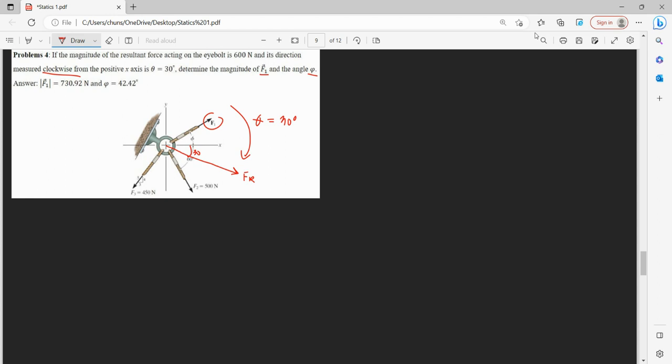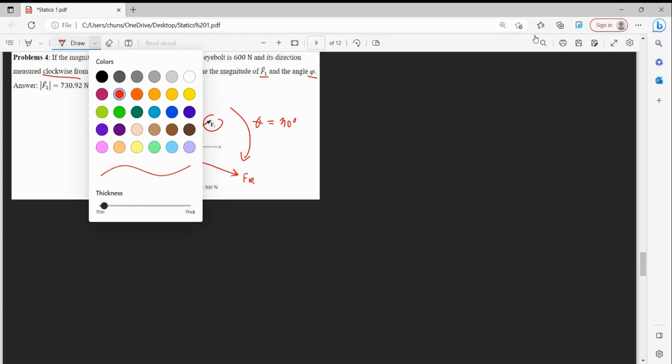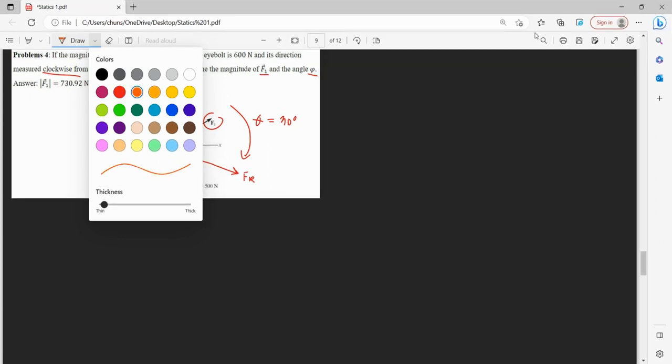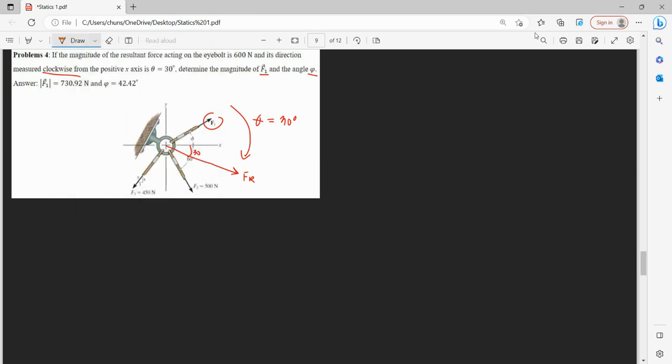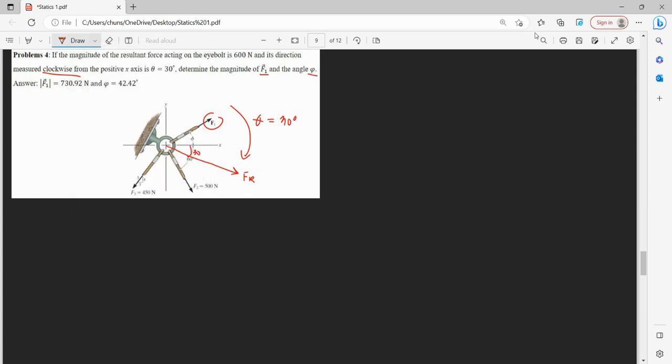Okay, so what I am going to do is break down all of these components, and we are going to work backwards. So let's try that out. So I'm going to start with F1. So we're going to keep F1 as a variable.